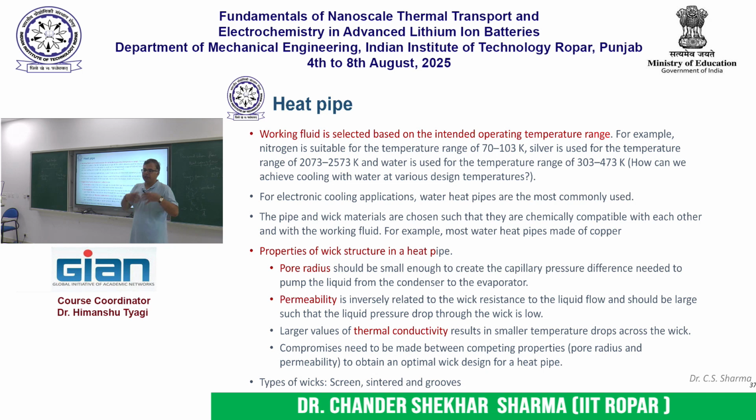Many times it is just water, but it can also be some alcohol, depending upon the temperature range we are looking at. Usually the space inside the heat pipe is evacuated. We remove all the non-condensable gases, and it is only the coolant and its vapors as far as possible, because any non-condensable gases inside the heat pipe will severely reduce the heat transfer efficiency.